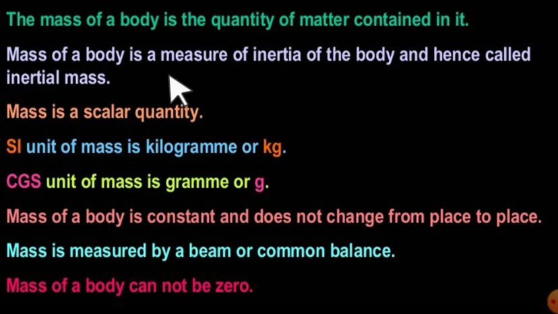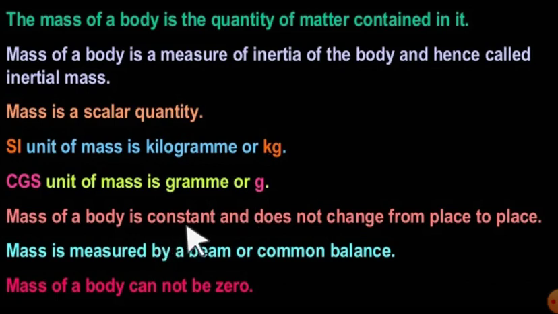Inertia is the inability to change its position or state by itself without any external force. So the larger the mass of the body, the more the inertia, the more the inability to change its state. Mass is a scalar quantity, its SI unit is kilogram, no doubt. In CGS it is gram.